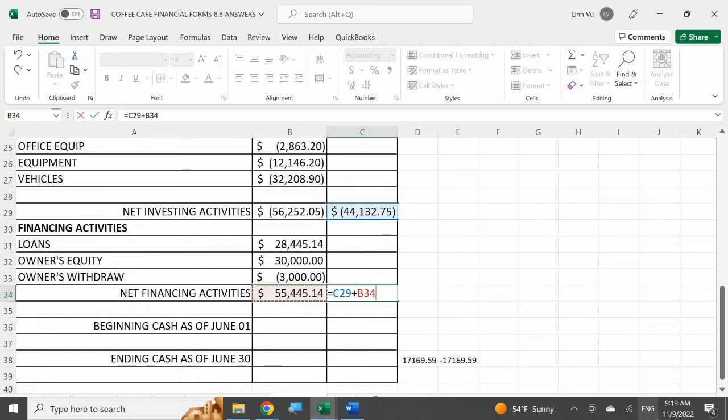So what did you get? I'm looking at 99,000 for that. No. Do it this way: take the 55,445.14 and just subtract out the 44,132.75.